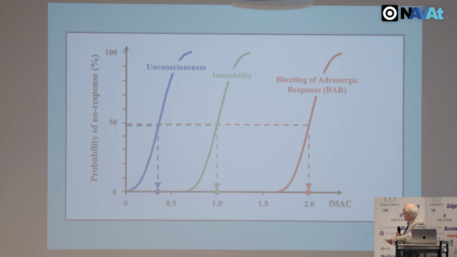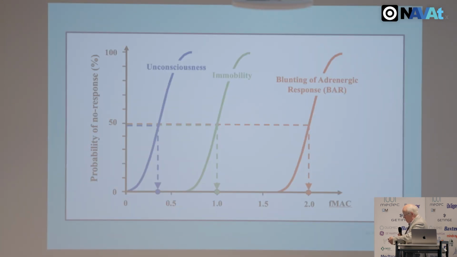So if we use these probability curves, then they can be split in three parts. We have the first one, unconsciousness, and we have a steep dose response curve. We have immobility.